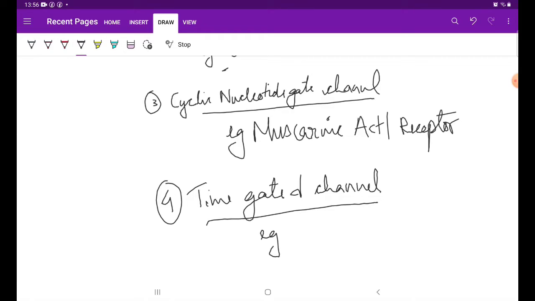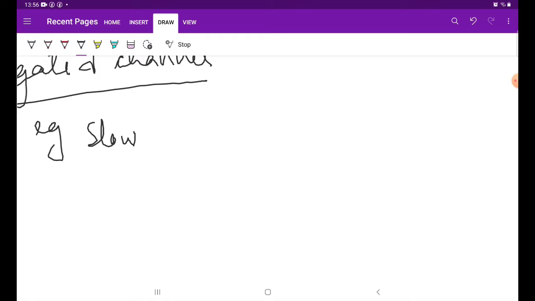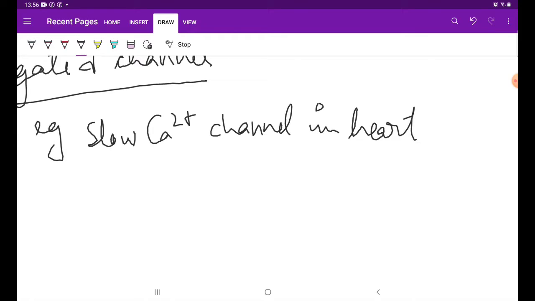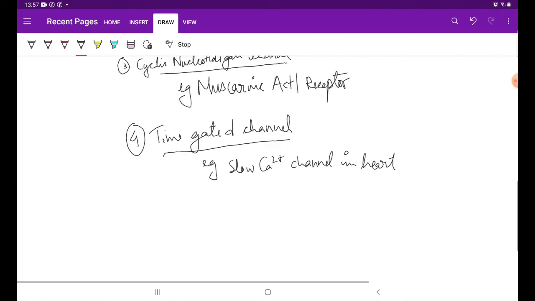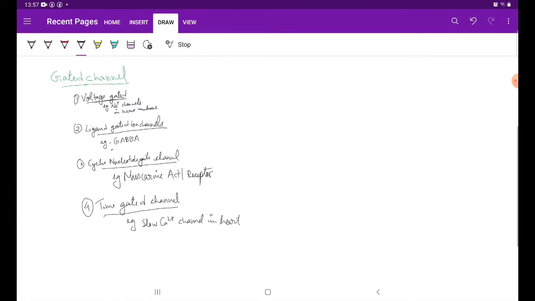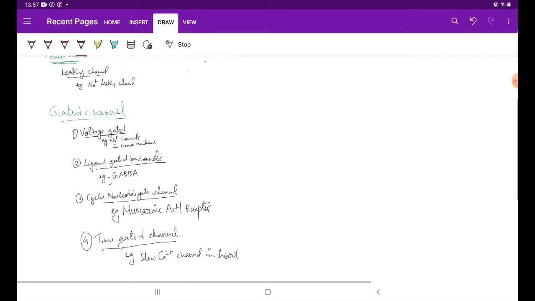Examples are the slow calcium channels in the heart. These were the gated channel examples.